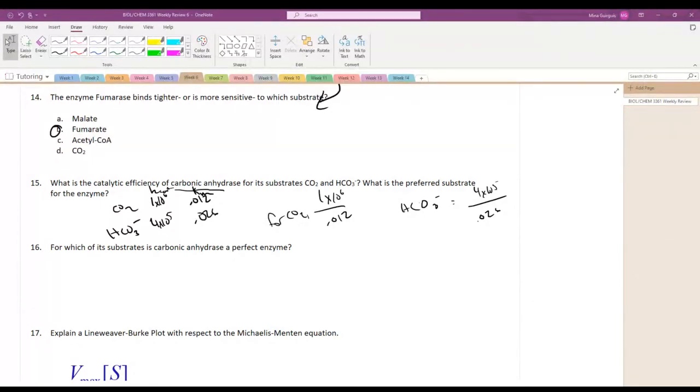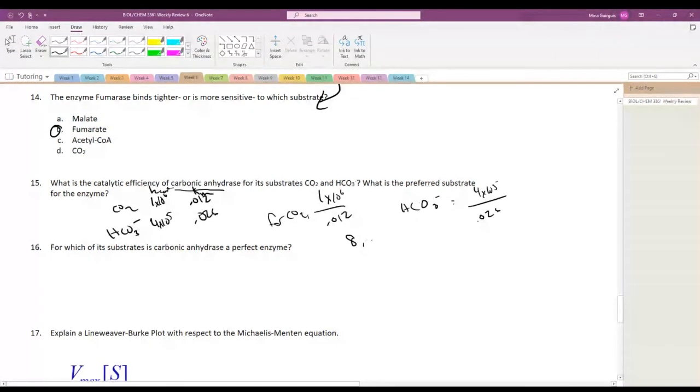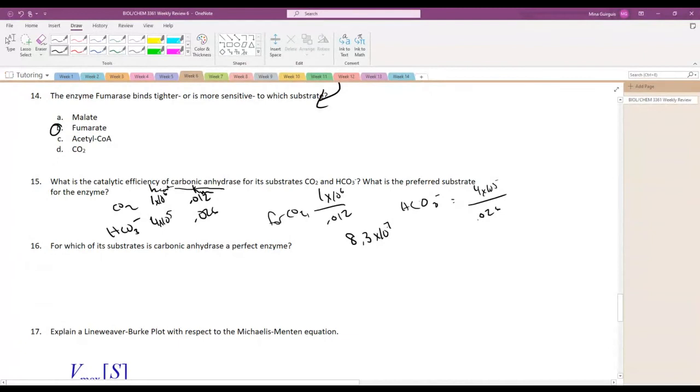The one on the left, so CO2, we get 8.3 times 10 to the 7th. Okay.